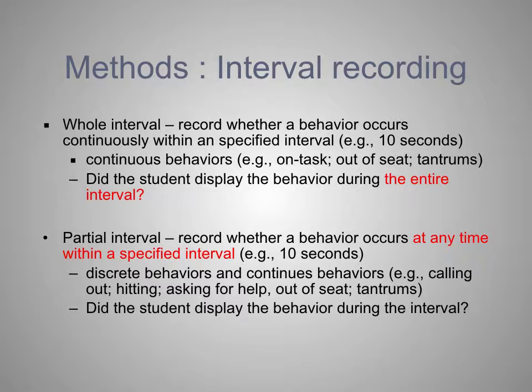The behavior should occur continuously from 0 second to 10 second. Partial interval, you will just record whether a behavior occurs at any time within the 10-second interval. So you will just see if the behavior happened or not at all within each interval.